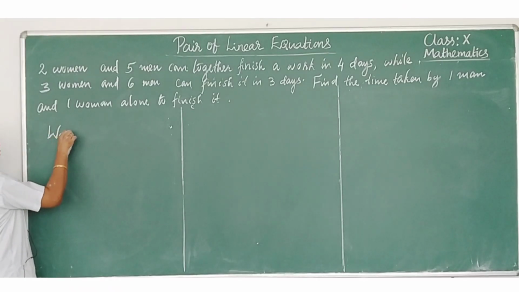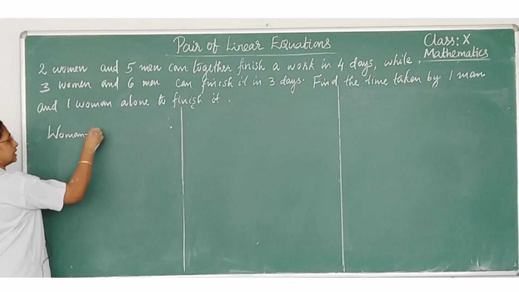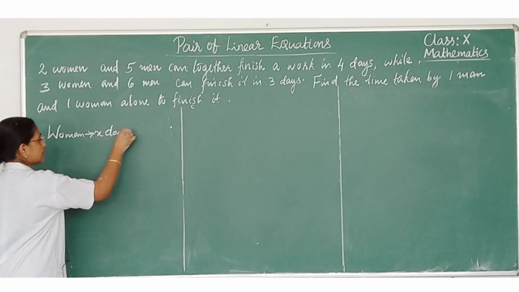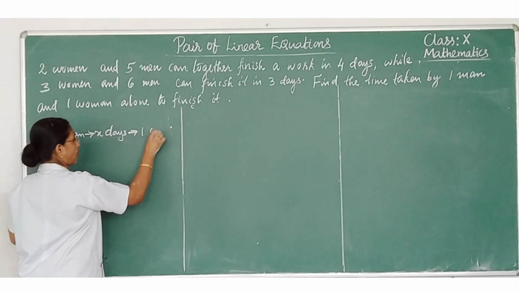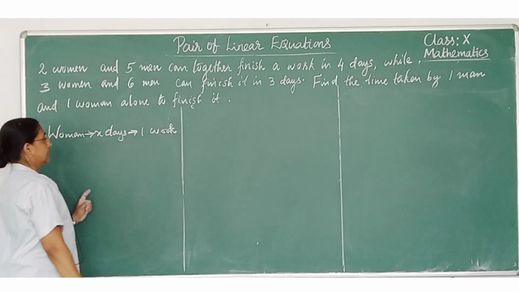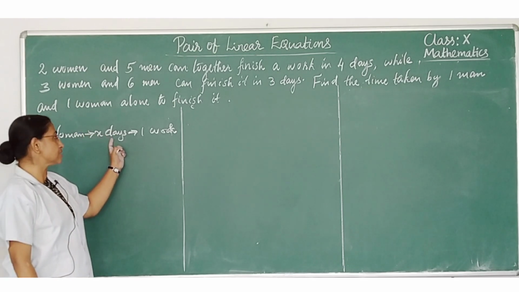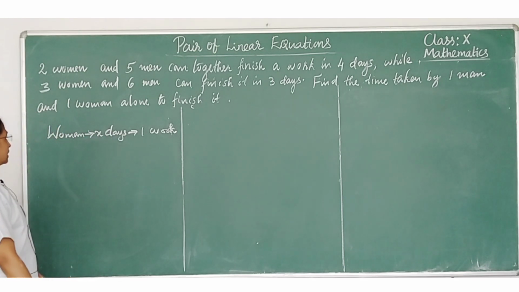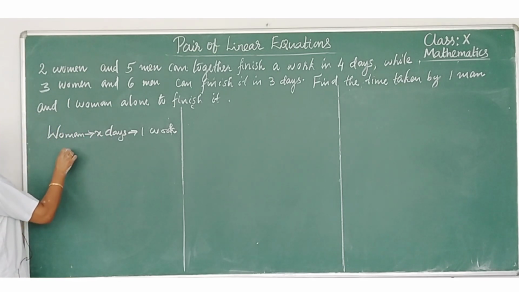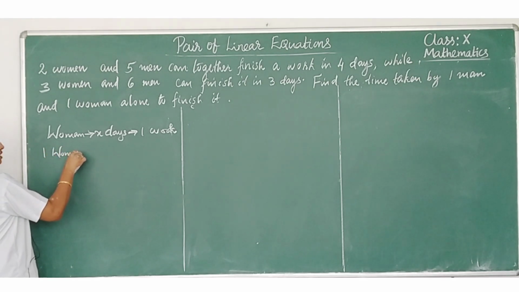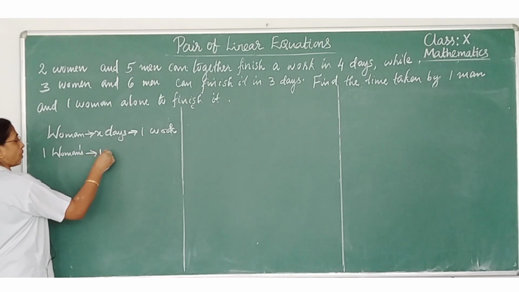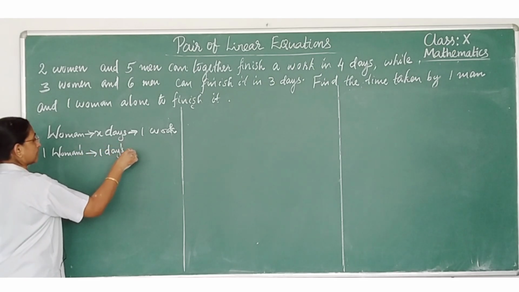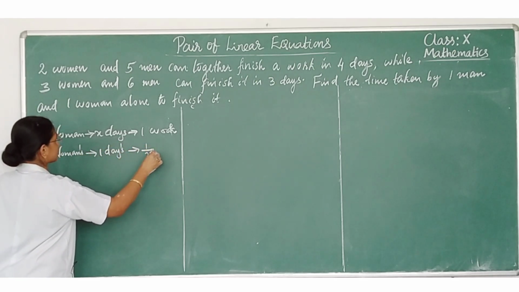Let a woman take x days to complete one work. So, one woman's 1 day's work equals 1 by x of the work.